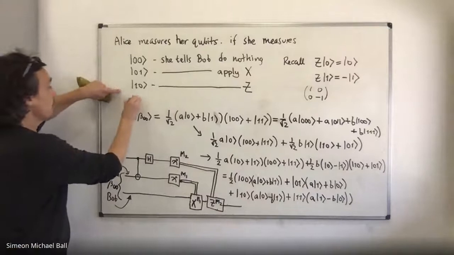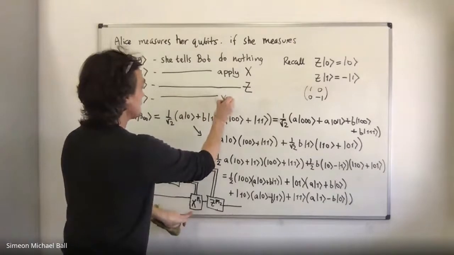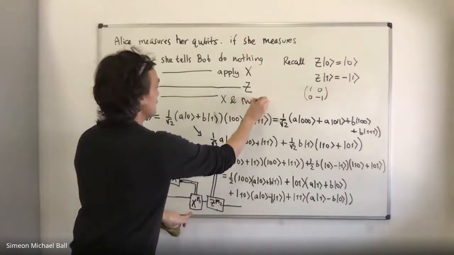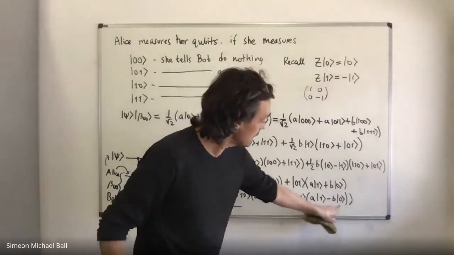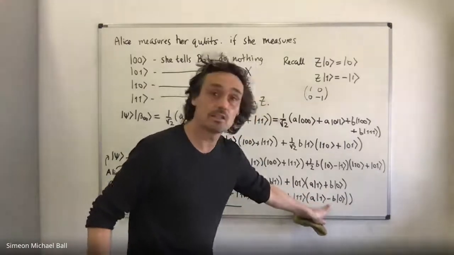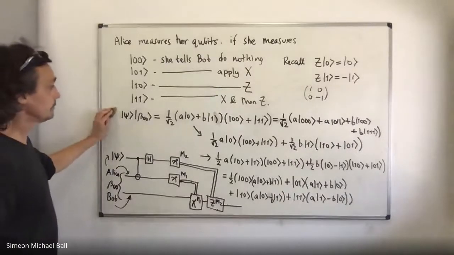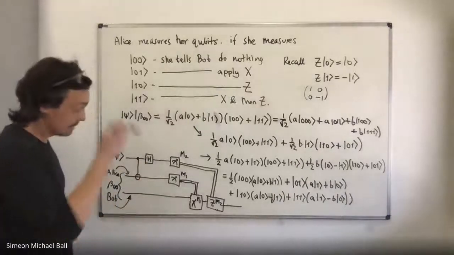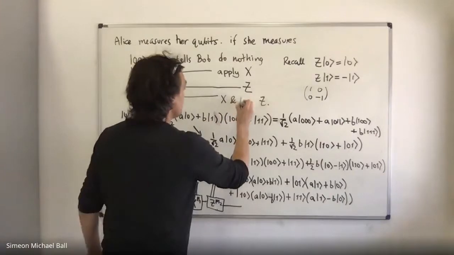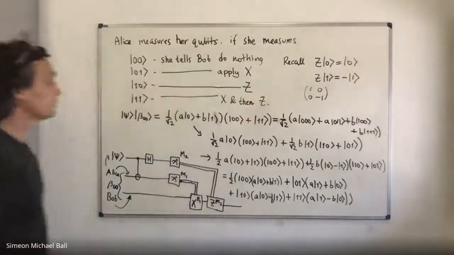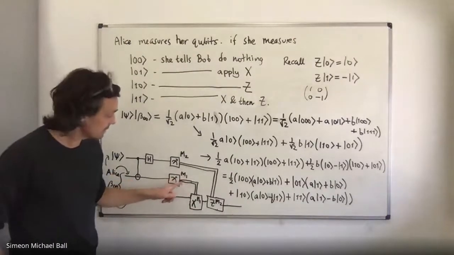And if she measures 1, 1, then she tells Bob to apply X and then Z. Okay, and if you apply X and then Z, of course, you will interchange the 0 and 1, and then change this sign and get back the state. In each case, then, that's what I mean by this circuit, the end of this circuit here.